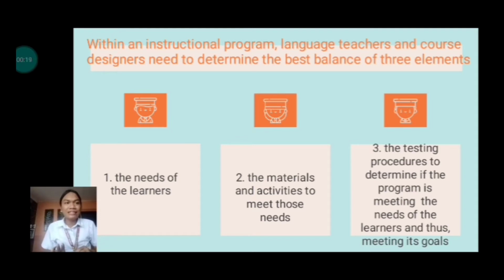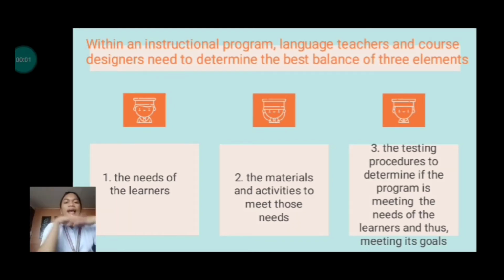And lastly, the testing procedures to determine if the program is meeting the needs of the learners and thus meeting its goals. A language test should support the program by identifying the strengths and weaknesses of the language learners. Both the language teaching program and the tests should be based on the instructional needs of the learners.